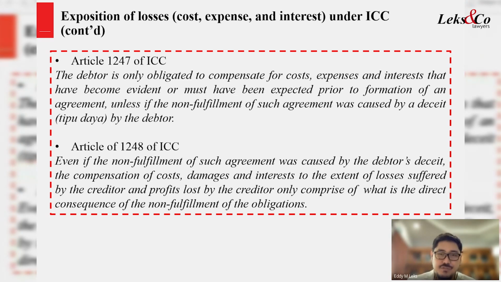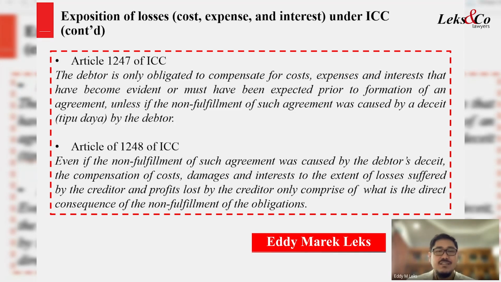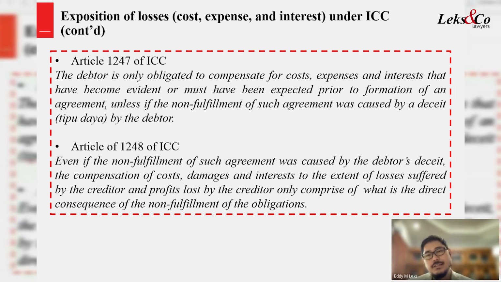Even if the non-fulfillment of such agreement was caused by the debtor's deceit, ya, meskipun ini penipuan, the compensation of costs, damages, and interest to the extent of losses suffered by the creditor and profits lost by the creditor only comprise of what is the direct consequence of the non-fulfillment of an agreement. So this is the direct consequence.